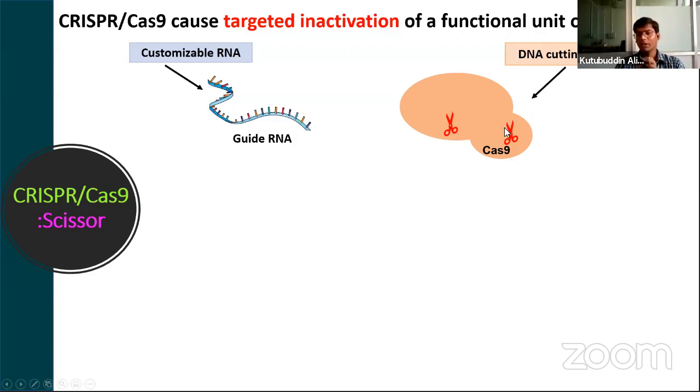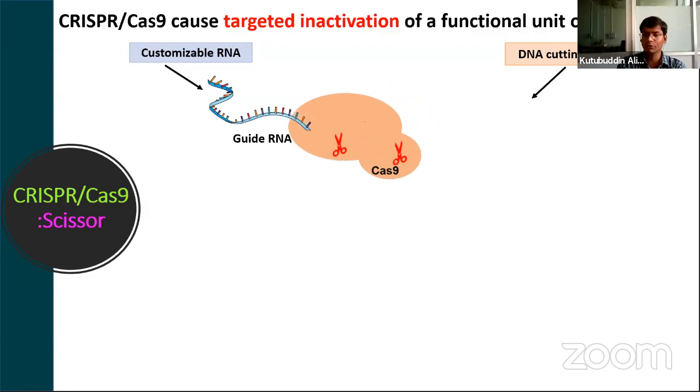If I want to give you an analogy, this Cas9 protein is like a postman, and the guide RNA is like the address, the genomic address. If you design this guide RNA, you are giving the genomic address to the postman.